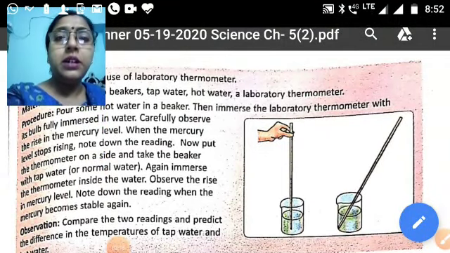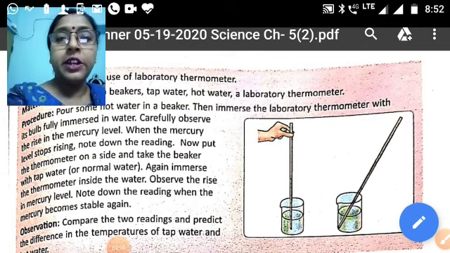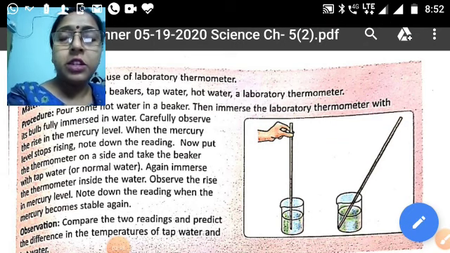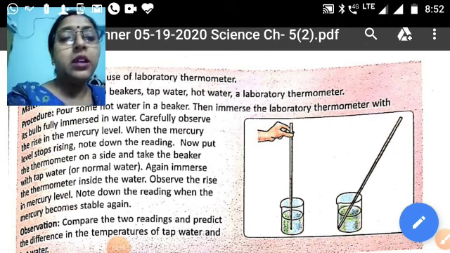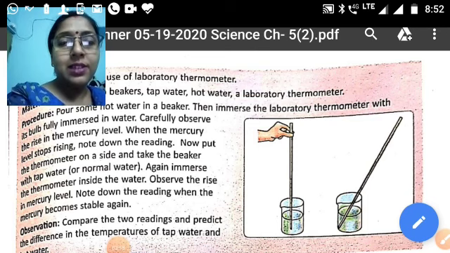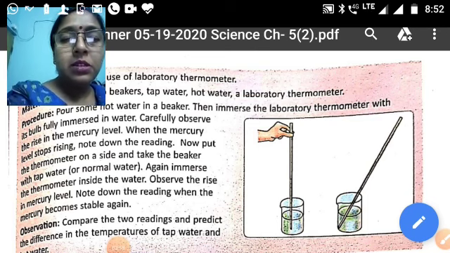Now immerse the laboratory thermometer, and remember, we will just immerse the bulb, not the whole thermometer, and it should not touch the bottom of the beaker, otherwise the thermometer will break. So only hold the laboratory thermometer and immerse the bulb. As soon as we do, the mercury present in the bulb expands and rises up.